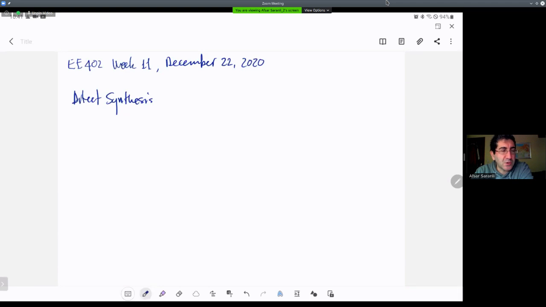So what you do is you specify a realistic, implementable overall transfer function, and then from that you derive what the controller transfer function should be.